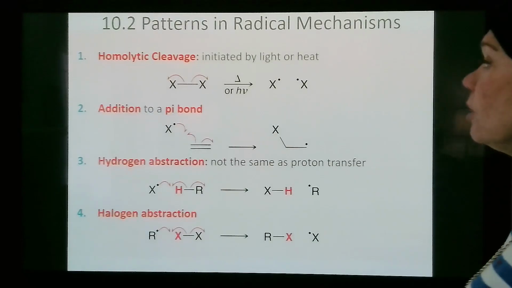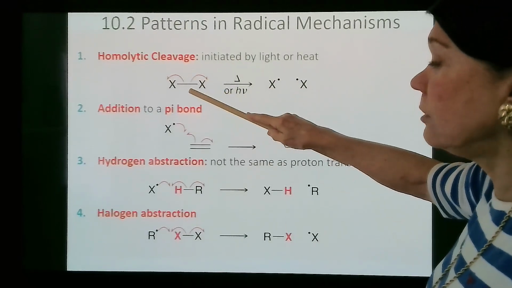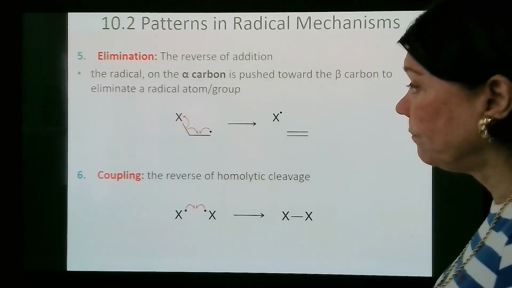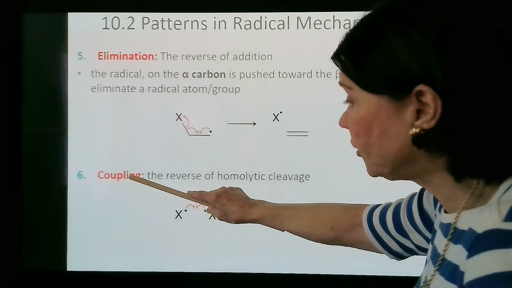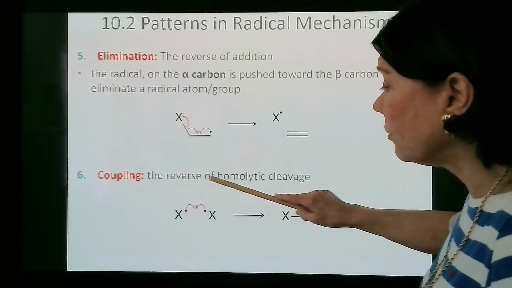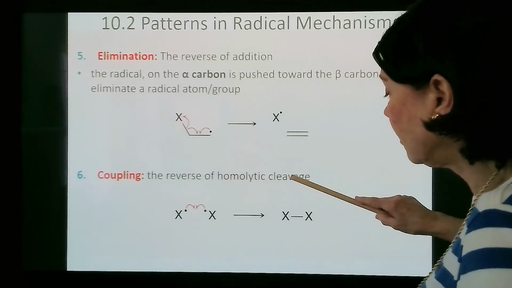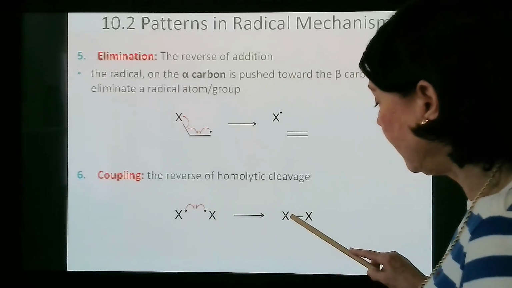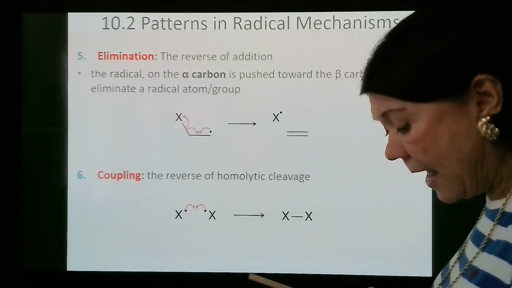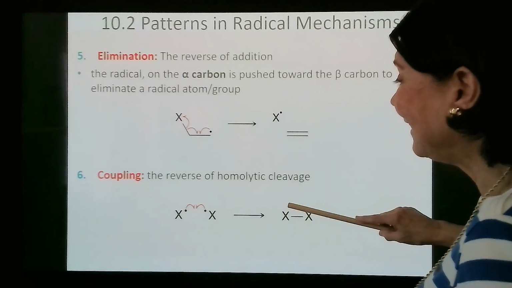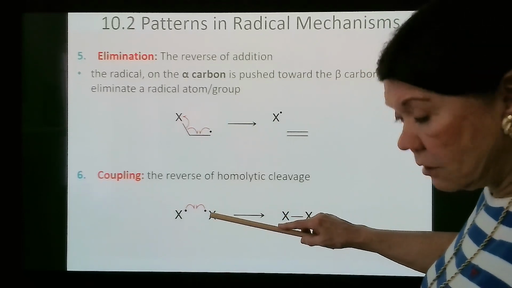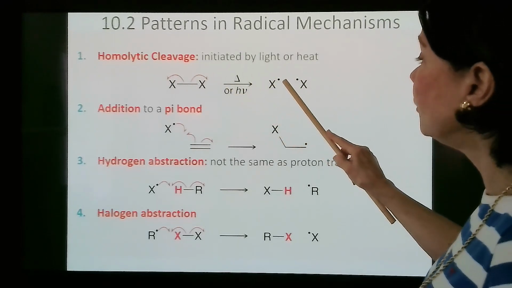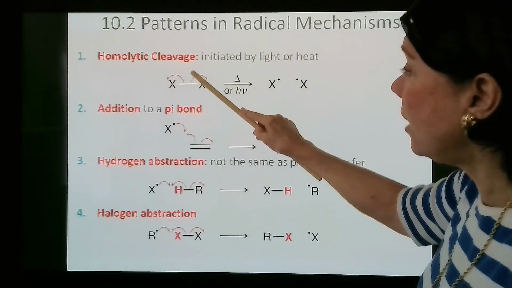Now, here, what you're going to see on the next slide, look at 6. Let's skip to 6. Coupling, the reverse of the cleavage. Can you see this? X dot and X dot are coming together to give you X2. And so this is the reverse of the cleavage. You see? The reverse is X dot and X dot going to X2.